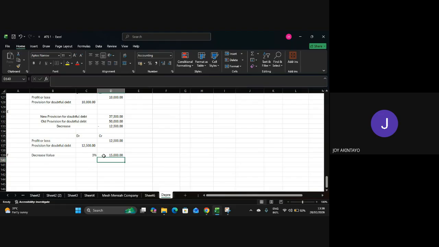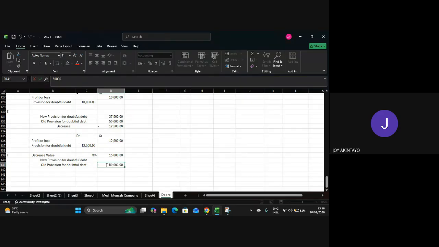So we now say, what will be our new provision? Our new provision will be, you know, the old provision is 50,000 naira.